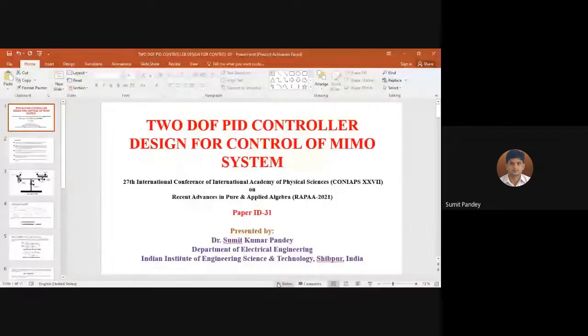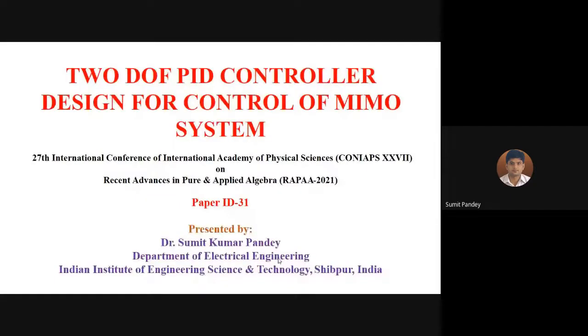Your shared screen is visible, but it is not in maximum mode. Right now, I am increasing my slide. That's why it may not be visible. I hope now it will be visible. Yeah, now it's in full screen mode.